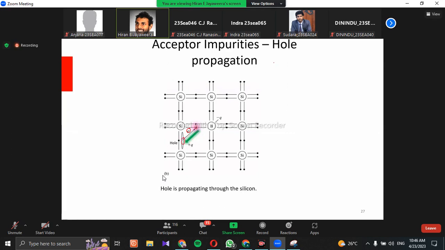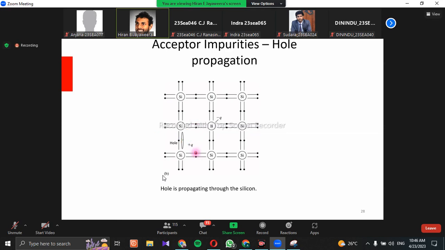Although negative charge is moved in this direction, it's like positive charge is moved in the other direction. Both are the same, right? Moving negative charge in this direction is exactly equal to moving the same positive charge in the other direction. So when this electron moves here, we call it the moving of the hole.